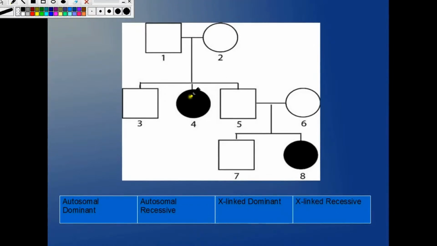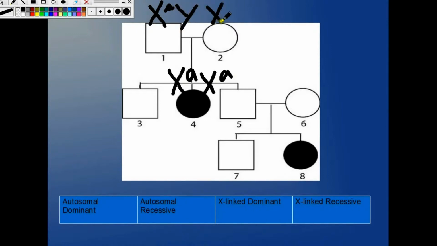Next is X-linked recessive. If it was X-linked recessive, we would assume that the disease's genotype would be both recessive alleles. But the parents are both going to have dominant alleles, and the female would also have the dominant allele.